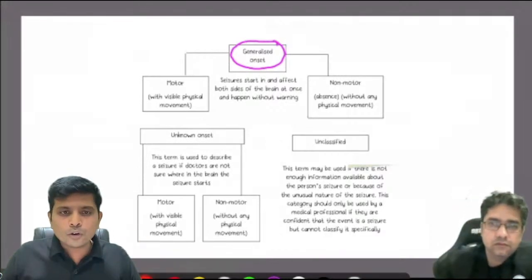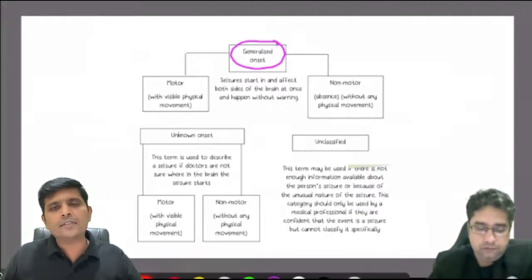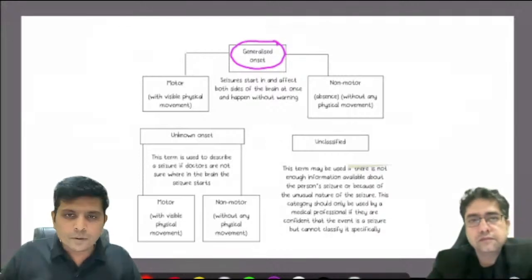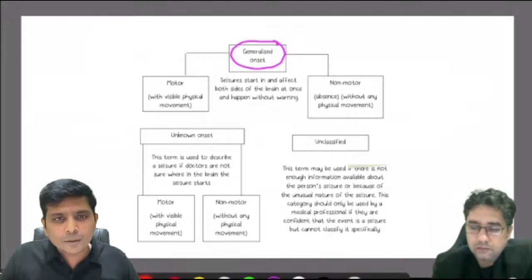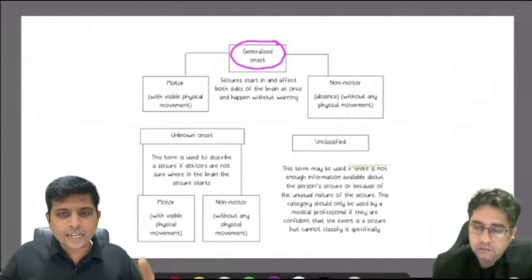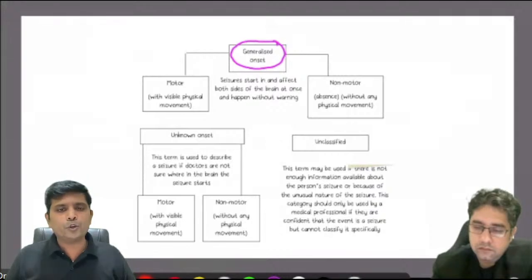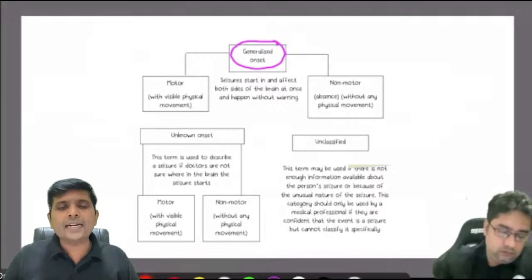If you don't know from where it is arising, whether it is single cerebral hemisphere or both cerebral hemispheres, if you are not aware of it, then it will be called seizure of unknown onset. And here again, it will be divided into motor or non-motor. Okay, and then unclassified.